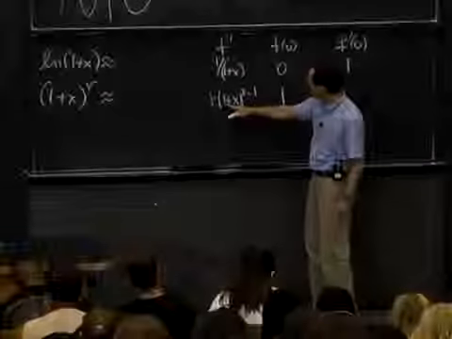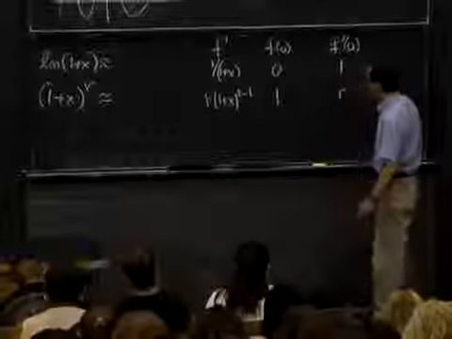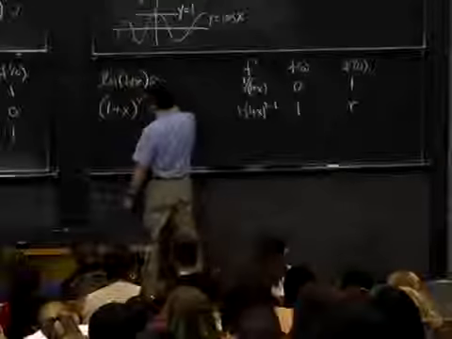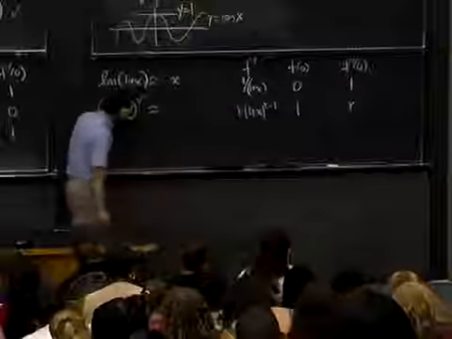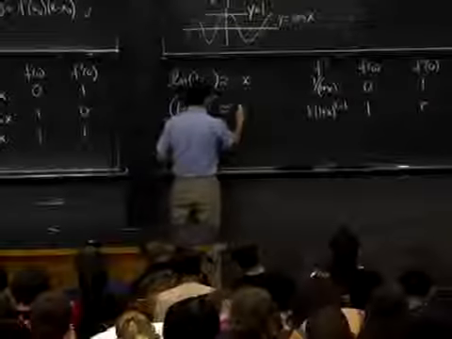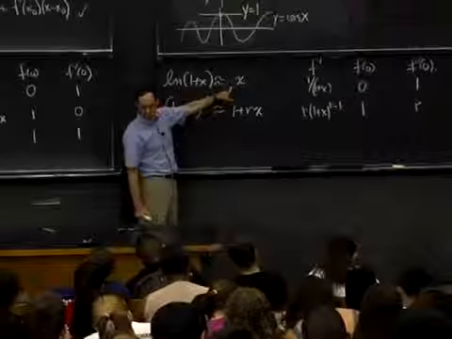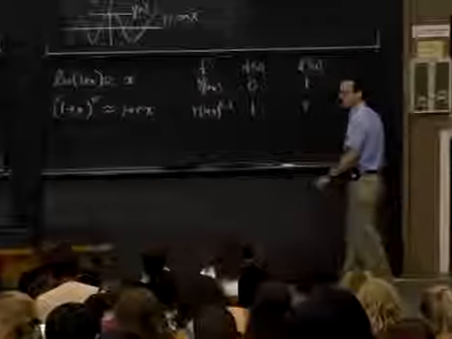And f prime of 0 is r times 1 to the r minus 1, which is r. So the corresponding statement is that log of 1 plus x is approximately x, that's 0 plus 1 times x. And 1 plus x to the r is approximately 1 plus rx.